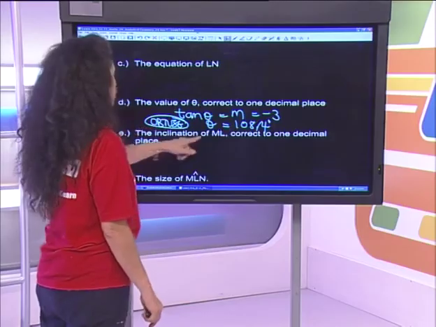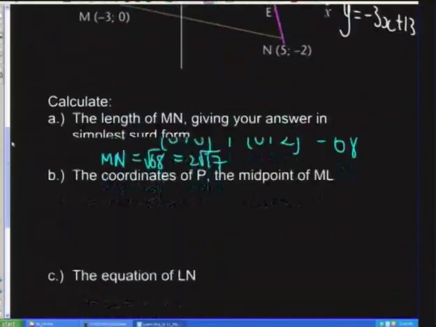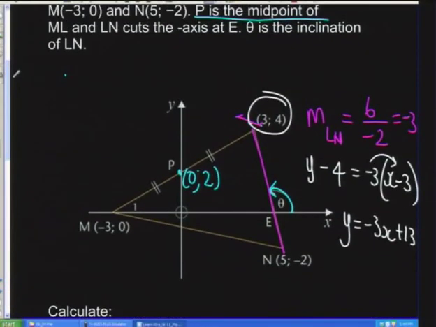Right, and then the inclination of ML correct to one decimal place. Where's ML? There's ML. So we've got this line here, ML. So the inclination of that we could actually call M1. Okay, so let's work with a gradient of ML. Change in y over change in x. Change in y, 4. Change in x, 6.